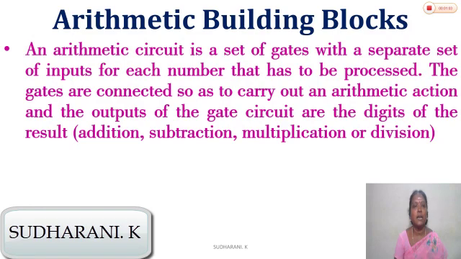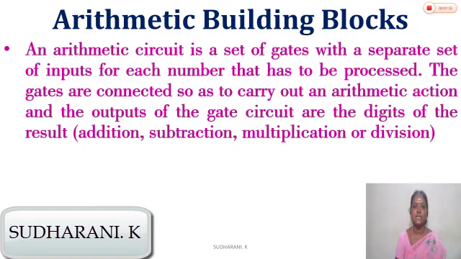The first agenda is what is an arithmetic building block. An arithmetic circuit is a set of gates with a separate set of inputs for each number that has to be processed. The gates are connected so as to carry out an arithmetic action, and the outputs of the gate circuit are the digits of the result.